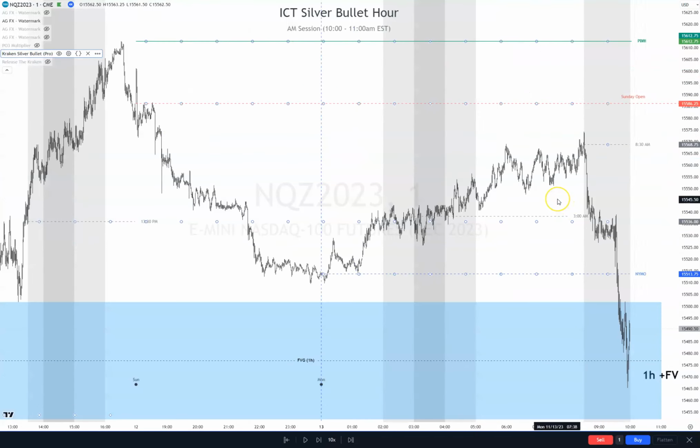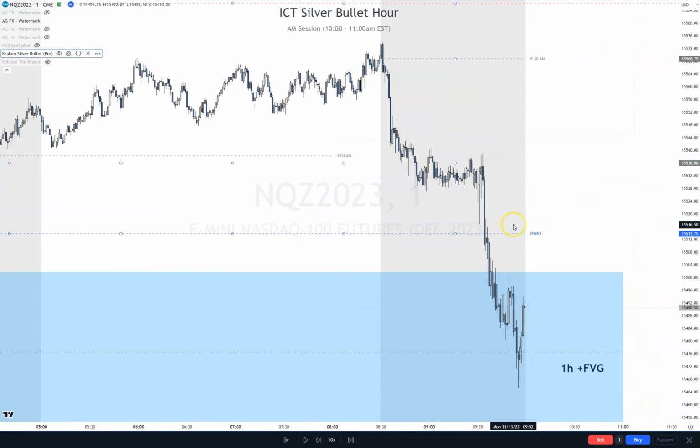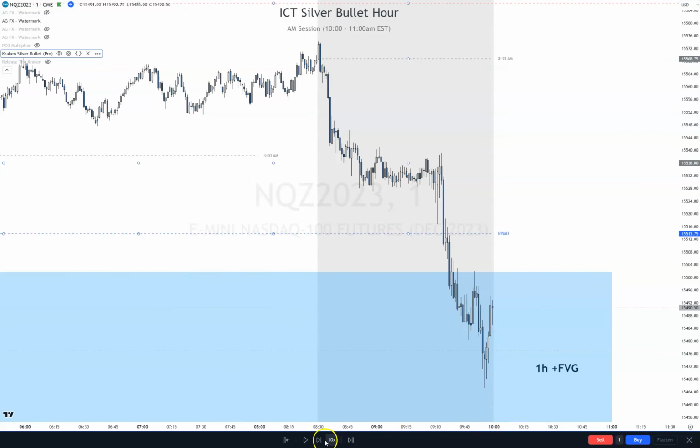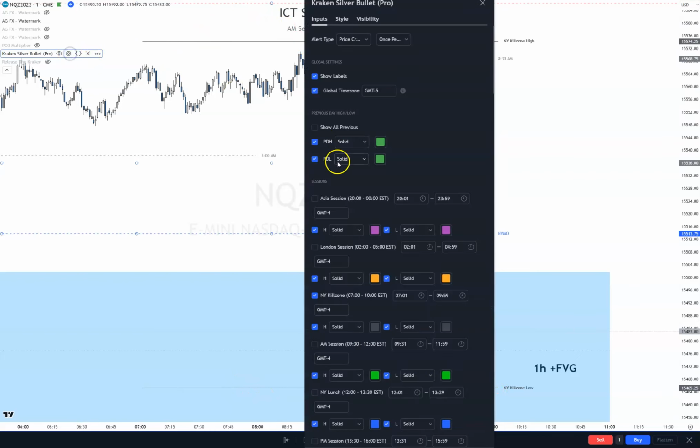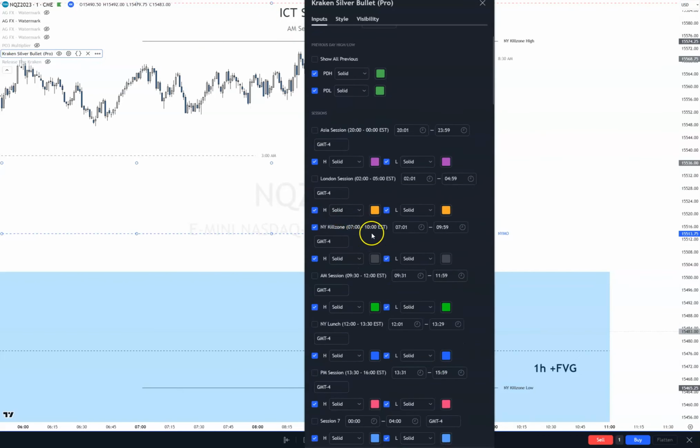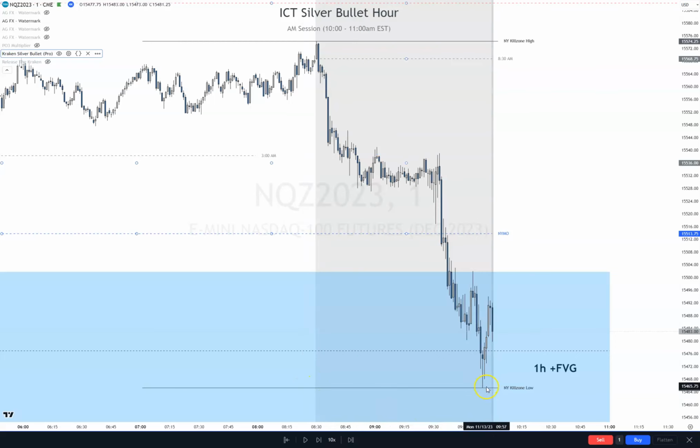As soon as I go over to 10 a.m., that's where it'll plot the New York Killzone for today. Because if you look at this, the New York Killzone is from 7 to 10 a.m. So as soon as the 10 o'clock candle is done, it's going to plot those lines. And if we look here, we are at the low, it's right there, and there's the high, right?